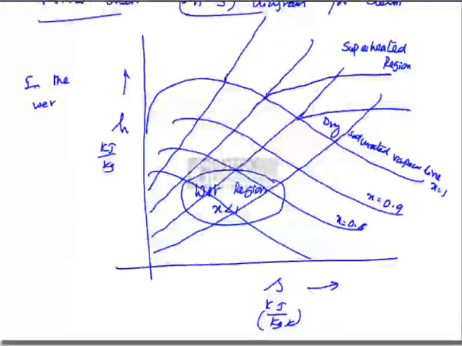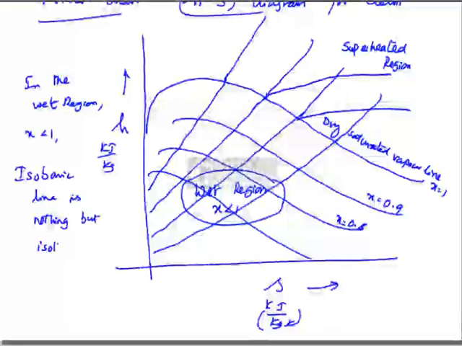In the region below the dry saturated vapor line where x is less than 1, the isobaric line is nothing but the isothermal line, because for a given saturation pressure there is only one fixed value of the respective saturation temperature while the change of phase is taking place.